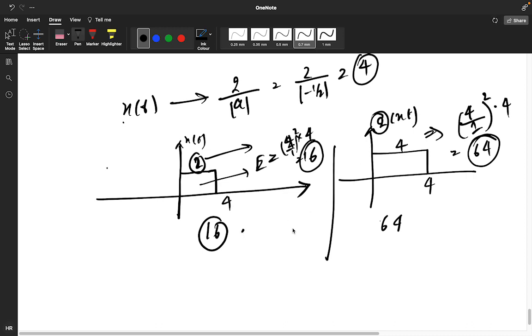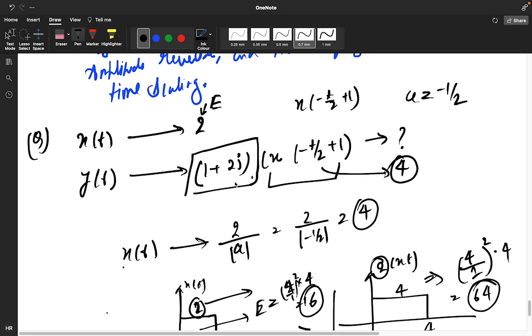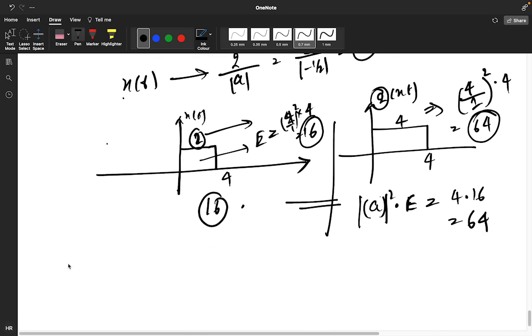So the next result will be a square into, that is amplitude scaling square into the previous energy, always in mod form. So you will get 4 into 16, that is 64. So here we are getting some amplitude scaling, that a value. a is 1 plus 2j.